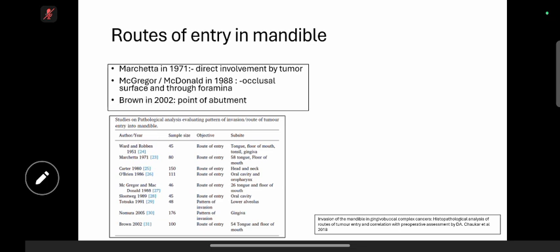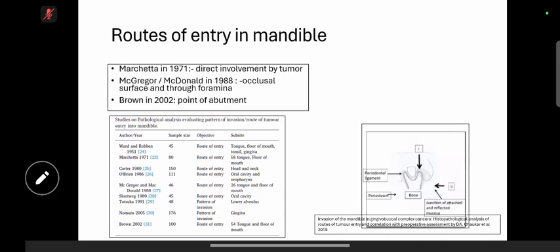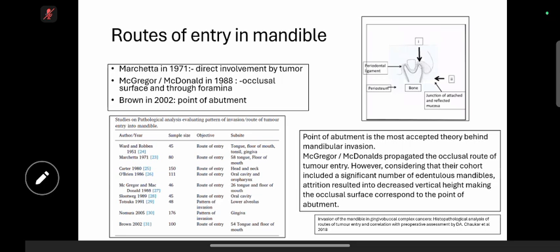Then in 2002, Brown said that it enters at the point of abutment. The point of abutment is the most accepted theory behind mandibular invasion. McGregor's and McDonald's propagated the occlusal route of tumor entry.